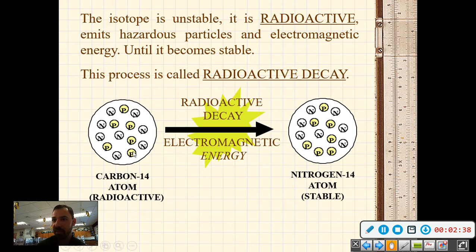So we call the carbon-14 the parent, and this is the daughter that it turns into. And the daughter, you're going to notice 1, 2, 3, 4, 5, 6, 7 neutrons now. So it got rid of a neutron, and 1, 2, 3, 4, 5, 6, 7, so there's 7 protons.